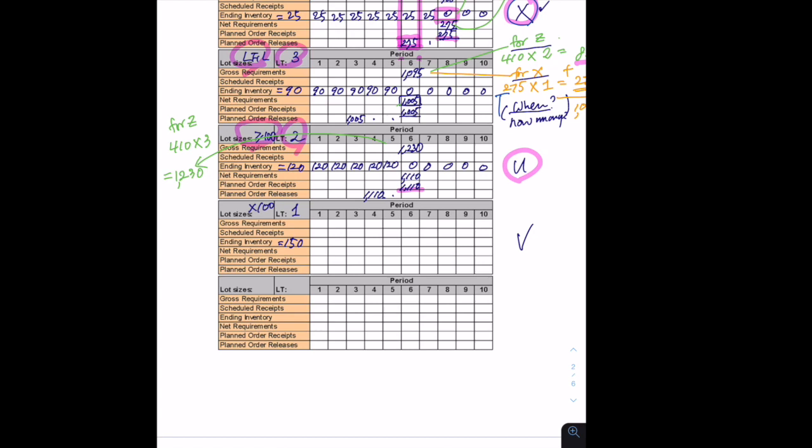However, to do this, you have to start to make it in week 4. So we have to look at the timing of planned order release, right? So at this time, all parts must be ready. Or you can say the item V must be ready when? In week 4. Now, how many you need? The number here, you have to consider what?